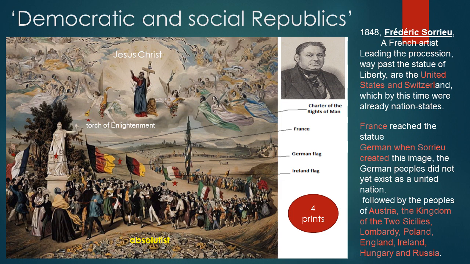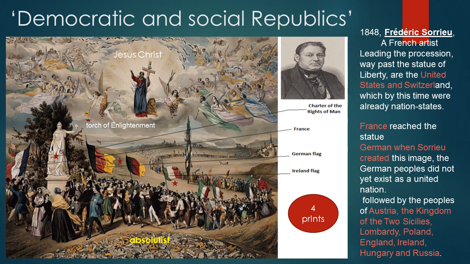If you look keenly at the Statue of Liberty, you can see it is holding the Charter of Rights of Man in one hand and the torch of enlightenment in the other hand. On the earth, in the foreground of the image, lie the shattered remains of the symbol of absolutist institutions.